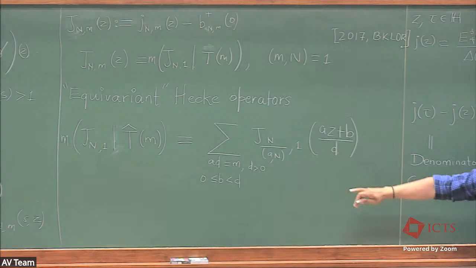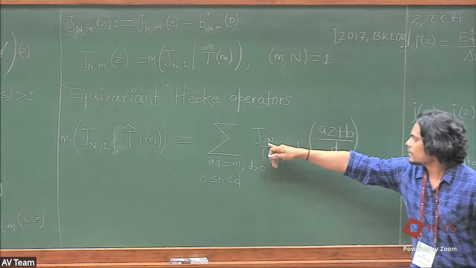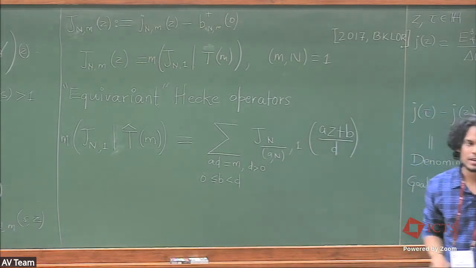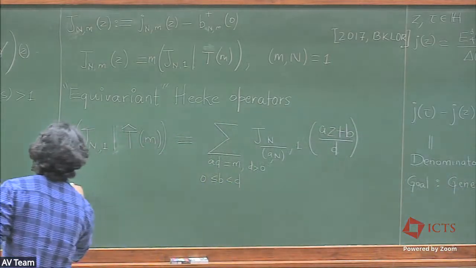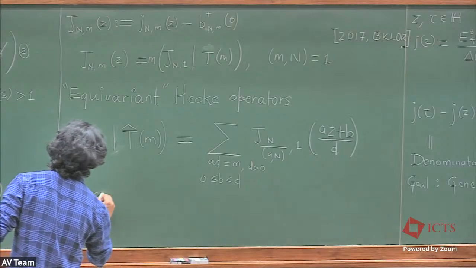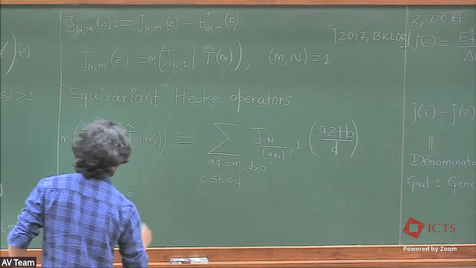The only difference is that we have changed the number here, so we have divided by a and n. Because of this, now we can show that the following holds.